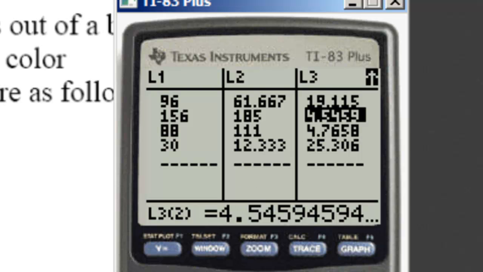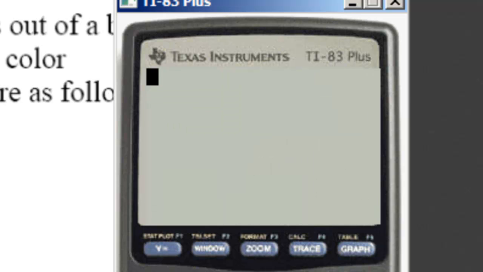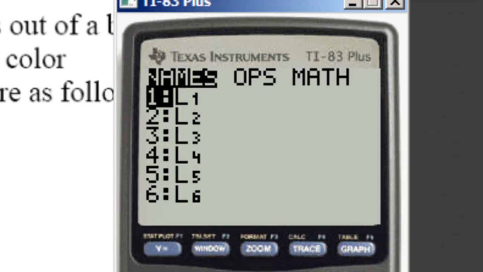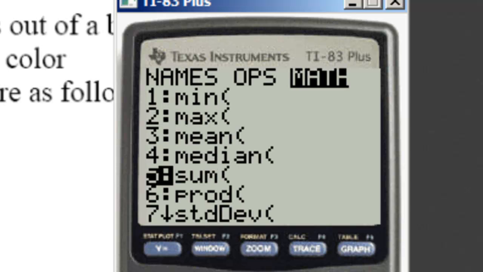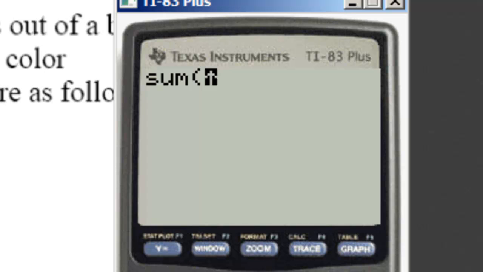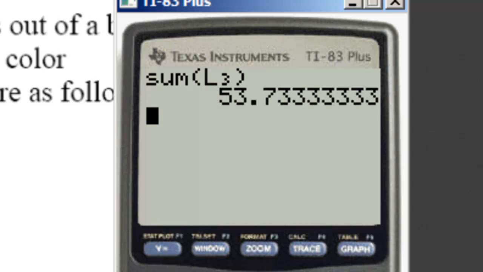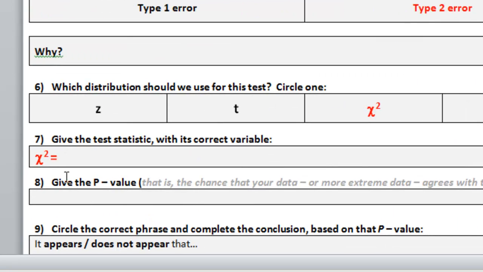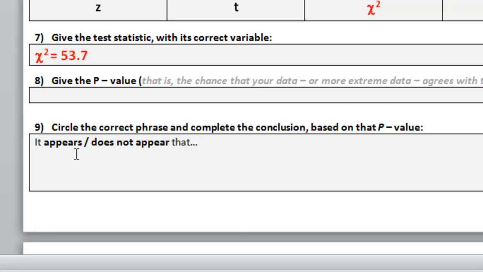So I'm going to kick out of here for just a second. Go back to the list, go to the math, and sum up L3. Ba-boom. Okay, 53.7 is our test statistic. Now, remember that's not standard deviations.